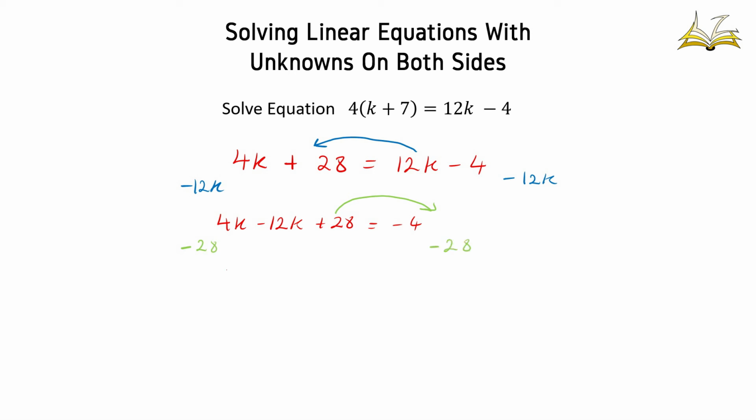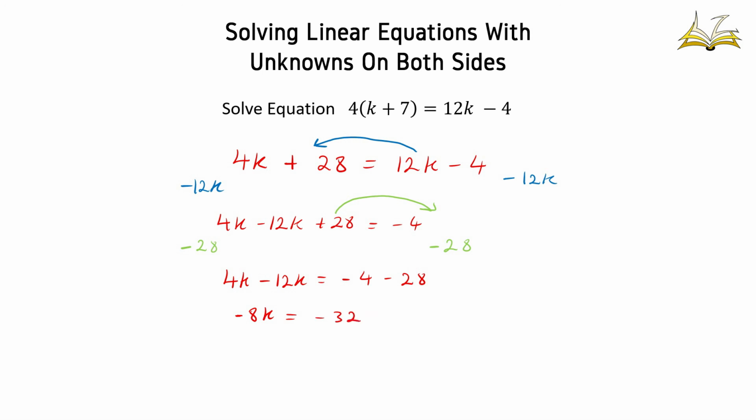So we now have 4k - 12k is equal to -4 - 28. Simplifying both sides gives us: 4k - 12k is -8k, and -4 - 28 is -32.